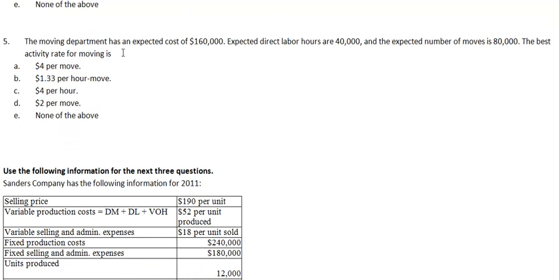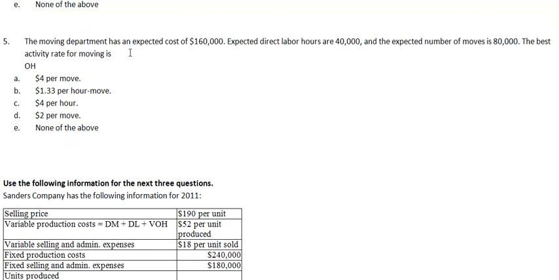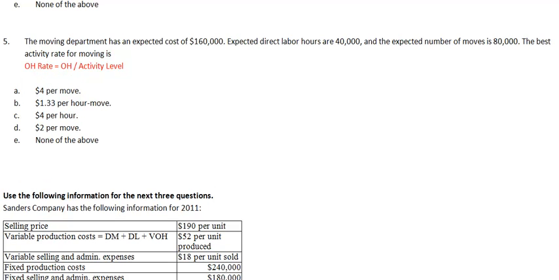Number 5 is just asking to calculate the overhead rate. To come up with the overhead rate, it's your overhead divided by your activity level. Here, the overhead that we're looking to allocate is moving, and so that's the overhead.